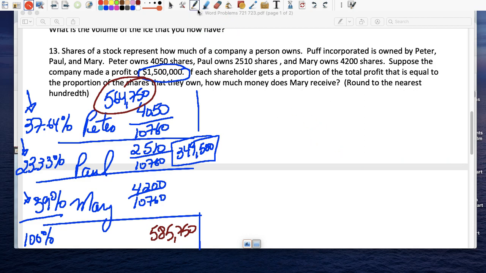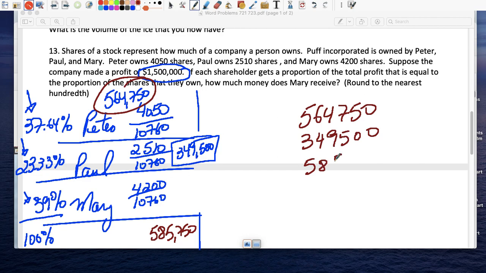Now I'm going to go the extra mile that you don't have to. If you have time, let's just add those 3 and see how close I am. If I add the amount that all 3 people take, I should get 1.5 million. So that's a 0. That's a 10. Carry 1. 5, 14, 19, 20.